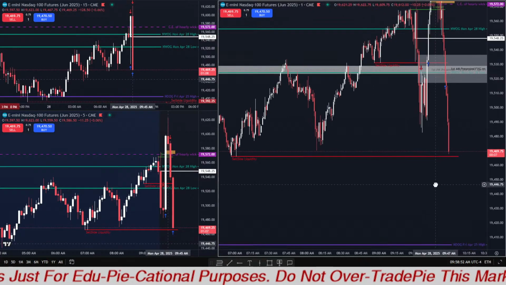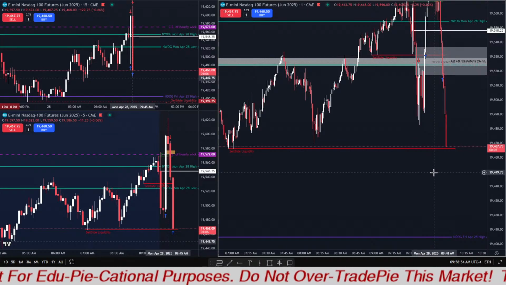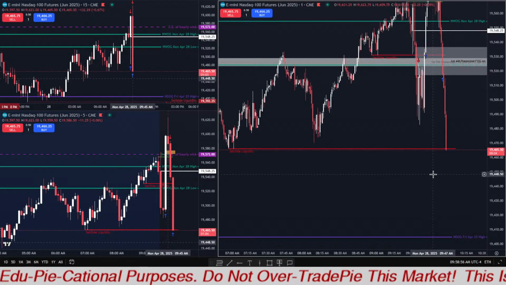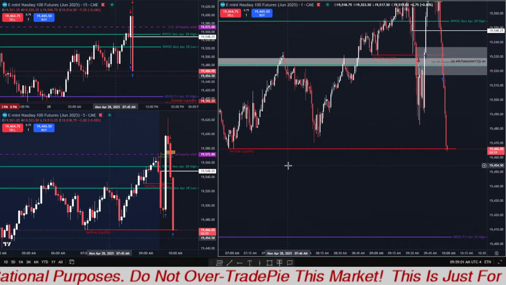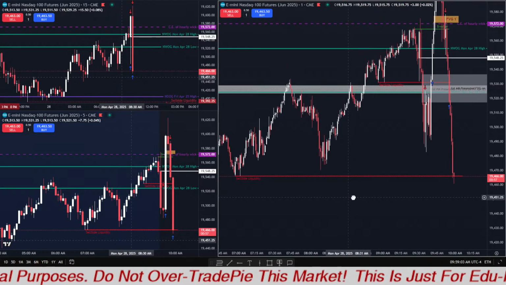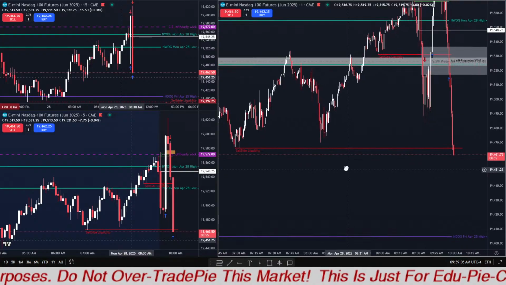Getting closer to the sell side liquidity, and we just traded below these relative equal lows, and this was my target of the day for this session.